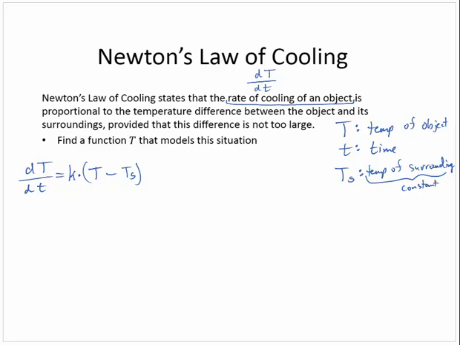We're making that assumption that that's relatively constant. So now I'm going to solve this. Again, this is a differential equation. I can write this using the same separation of variables technique as I did in the previous exercise. I can write this as 1 over T minus T sub S dT, let's be careful about our notation here, is equal to k dt. And now I will integrate both sides.